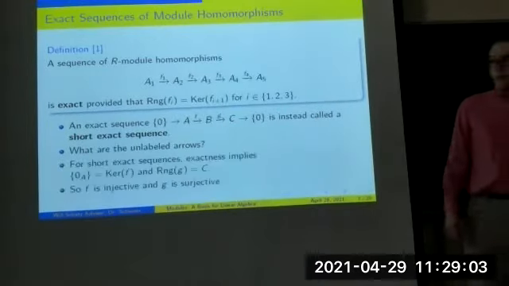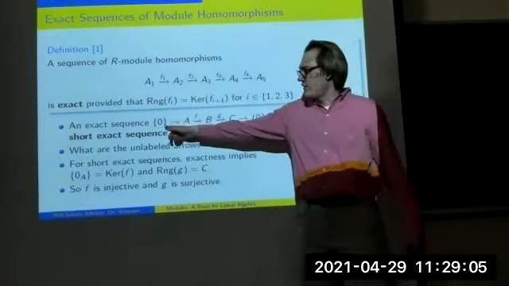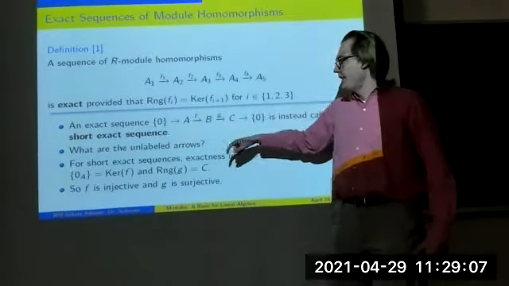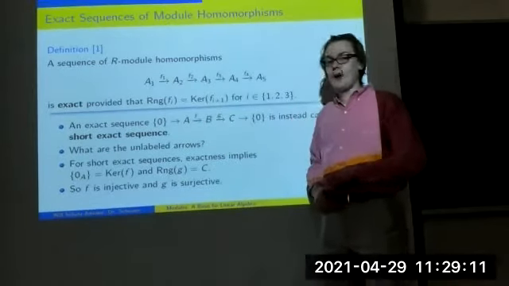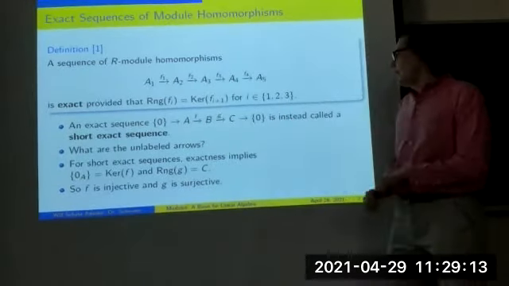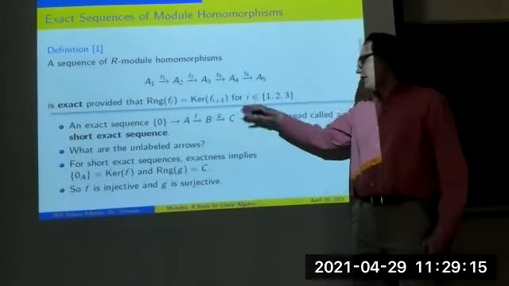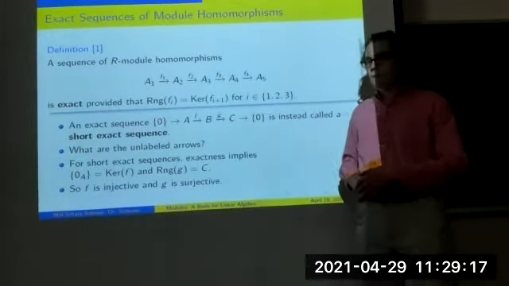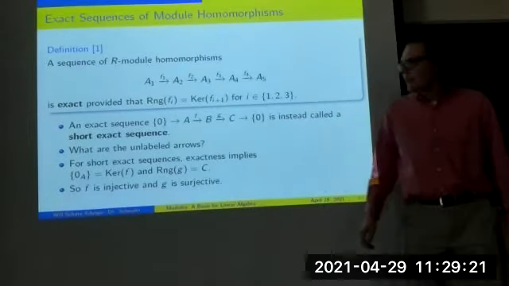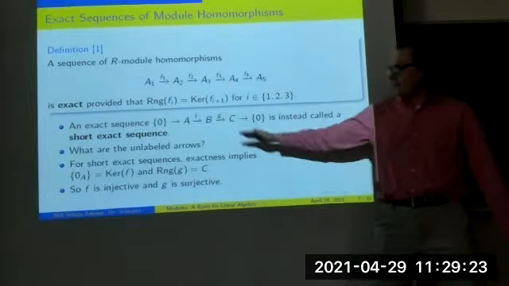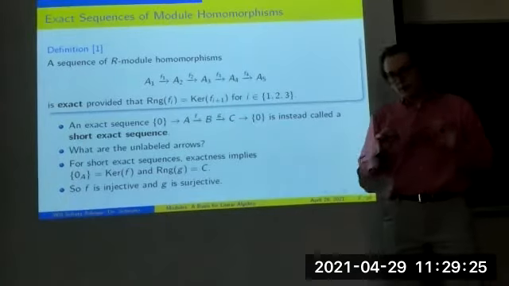In particular, if we look at the range of the unlabeled arrow here, that has to be 0, which has to be the kernel of F. So F is injective. And the range of G here has to be the kernel of the unlabeled arrow, which is all of C, because everything in C is getting mapped to 0. So for a short exact sequence, F is injective and G is surjective, which we're going to use all the time.